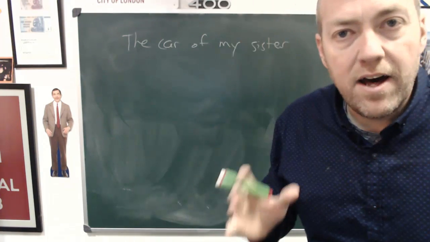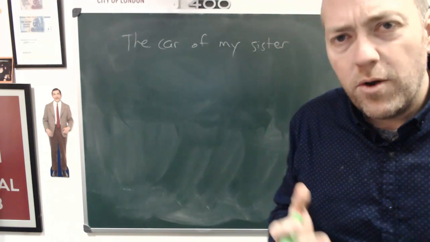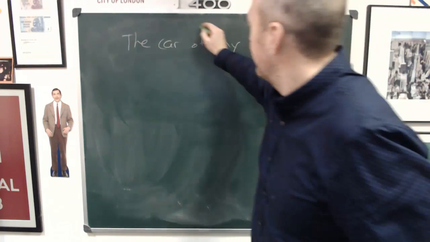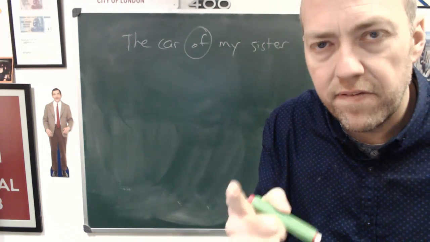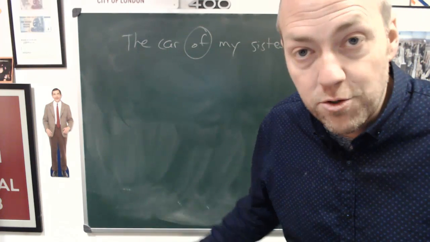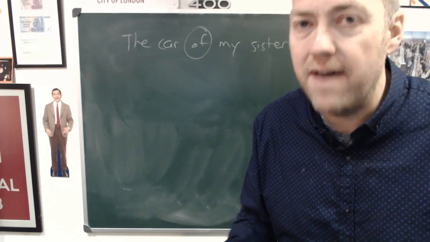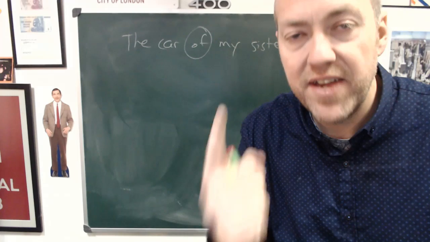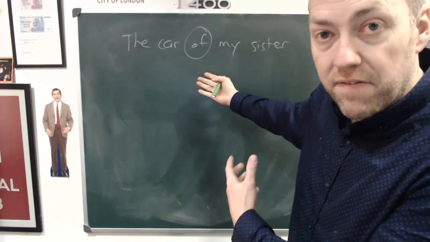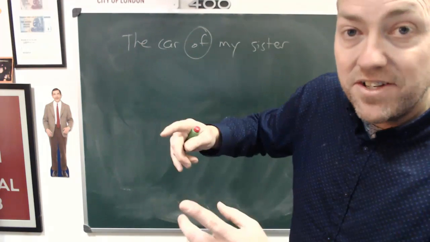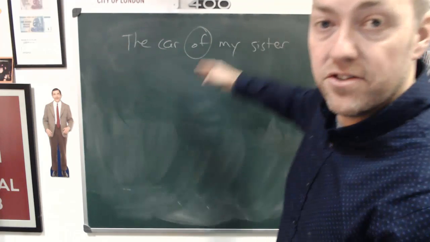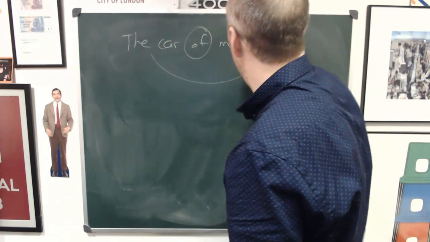So, the car of my sister. How many ofs are in this sentence? One of. That means that when we use the apostrophe S, we will have one apostrophe S. The apostrophe S replaces of. And when we use this construction, we go in this direction. See? The car of my sister.